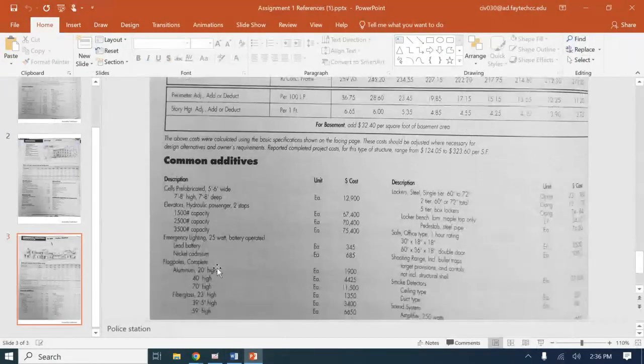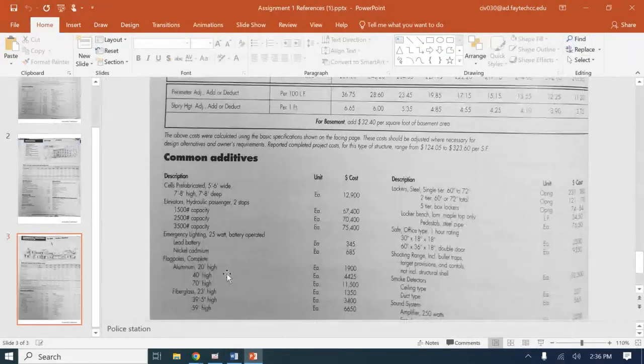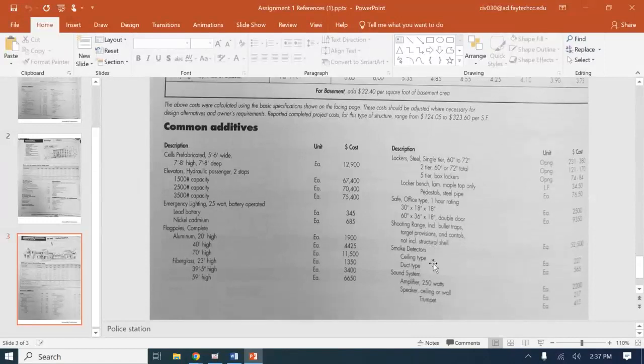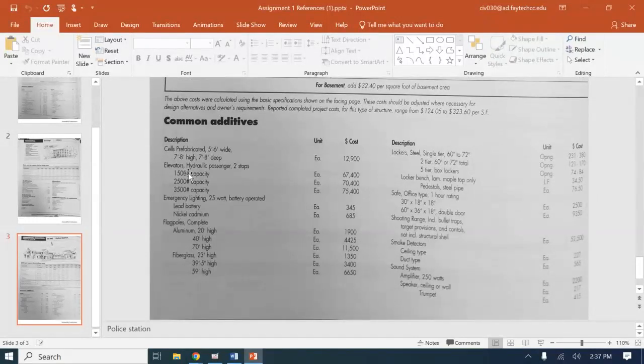So I'll look in here for the flagpole. 40-foot high aluminum, it would cost $4,425. You'd want to add that to your base cost. 4 elevators, capacity 2,500, are going to be roughly $70,400.